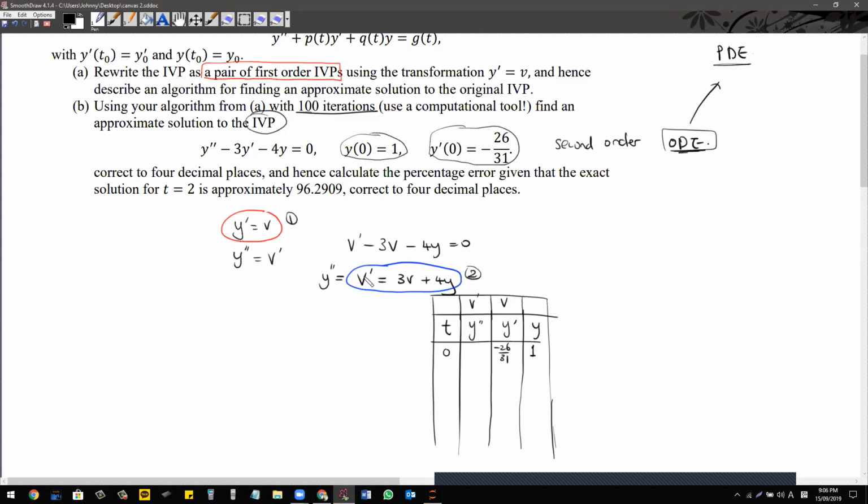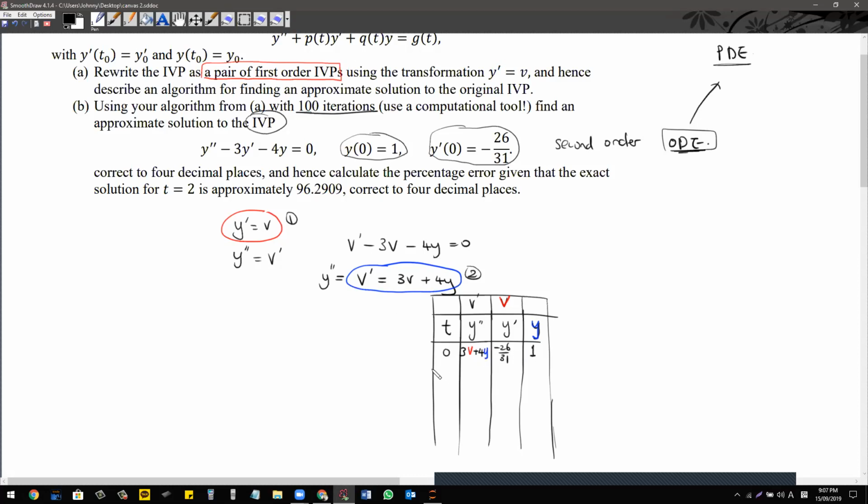So y double dash is simply 3v plus 4y. 3 of this and 4 of that. That's v, 3v. This is y here, for y. Understand? You just have to add those two to get this one.